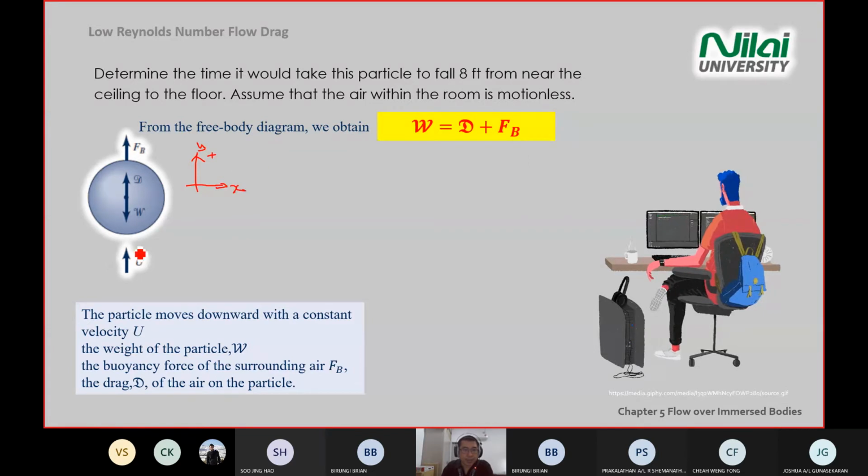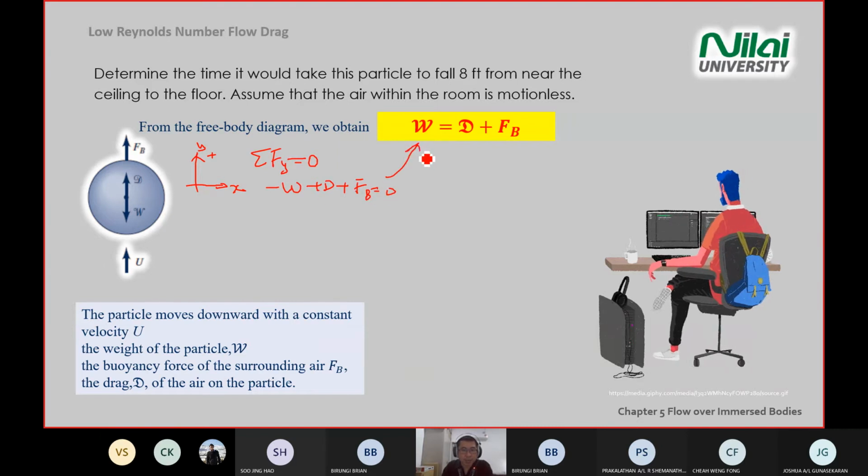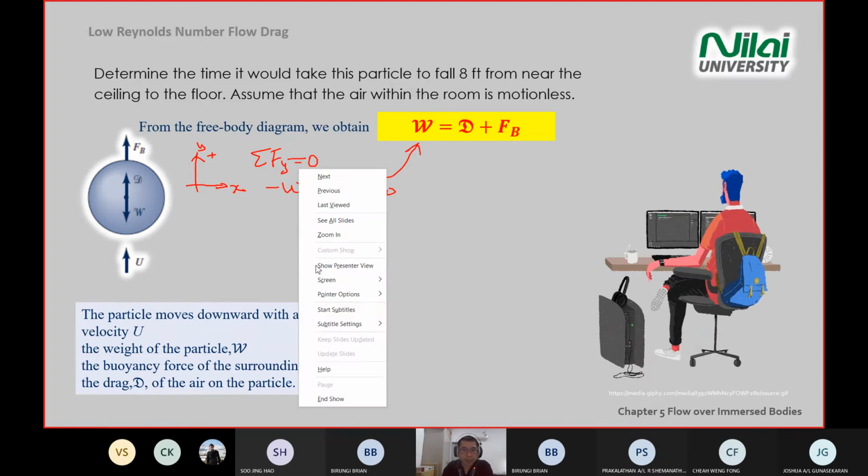So you can write the sum of all the force in Y equals 0. This one you learned in your statics already, right? So W is going down, negative, plus D plus FB equals 0. So from this one, you get this equation.